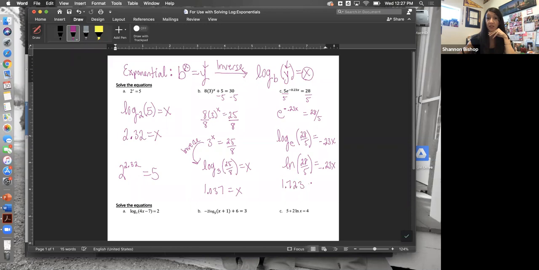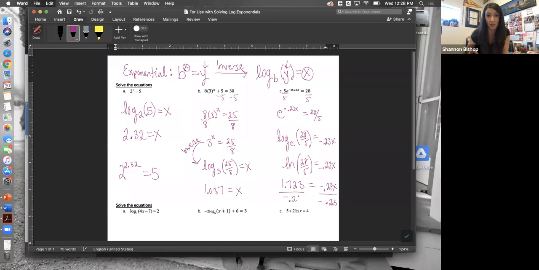Now check this one out though, equals negative 0.23x. The exponent was negative 0.23x. So even though I finished the logarithm piece of this, the algebra is not done because you do still have to solve for x. You do still have to do that one last step where you divide by negative 0.23 on both sides.